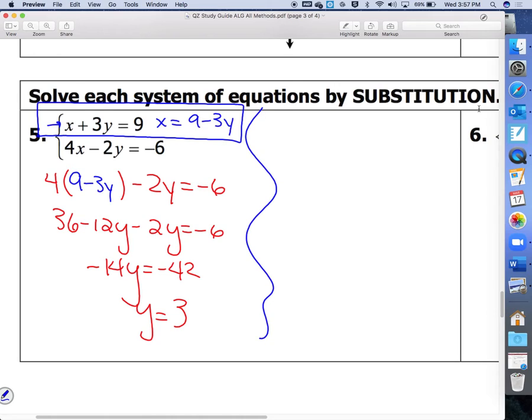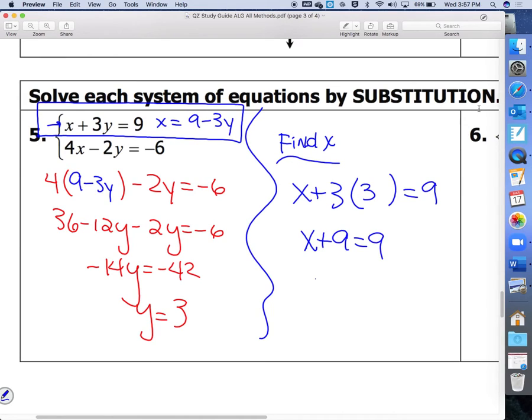I go back to either original equation to find the value of x, and I'll just use the first equation. Since y is positive 3, I have this equation to solve. When I subtract 9 from both sides, x is 0. So the solution to the system in number 5 is the ordered pair x is 0 and y is 3.